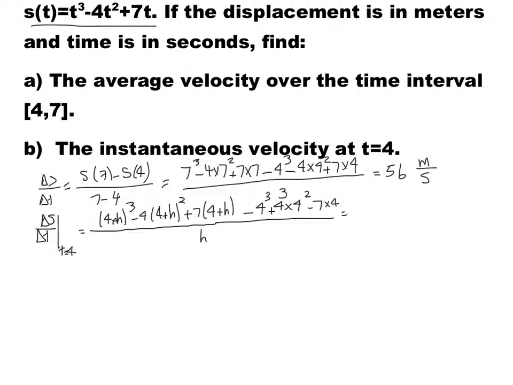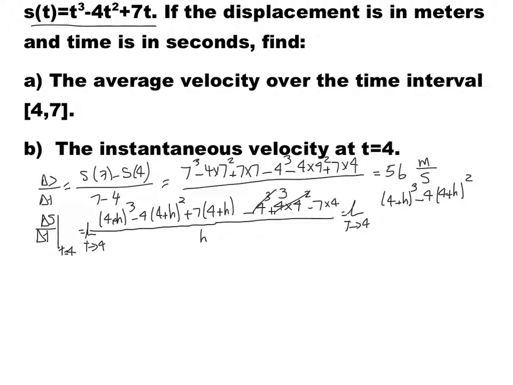If we simplify this one, limit h goes to 0 of (4 plus h) cubed minus 4 times (4 plus h) squared. And the 4 cubed and negative 4 times 4 squared, which is 4 cubed, cancel each other.